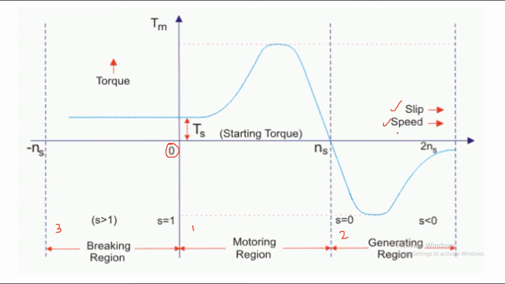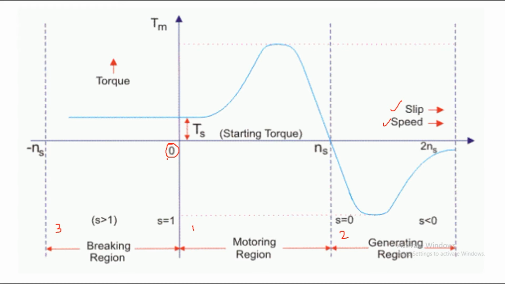We have to give preference to speed, because with the help of speed we can obtain the value of slip. So the direct x-axis would be the value of speed, and parallelly we calculate the value of slip too, because we are discussing torque slip behavior.